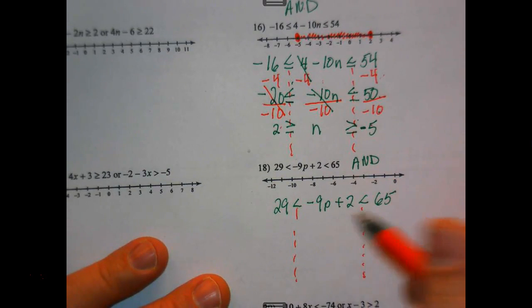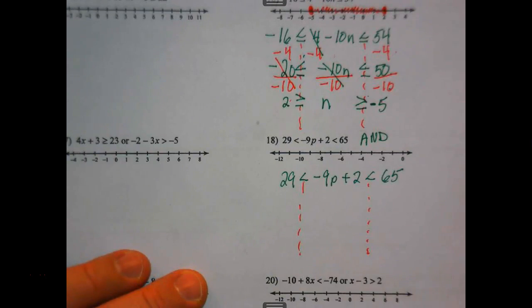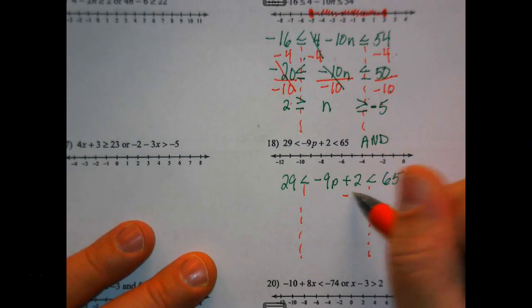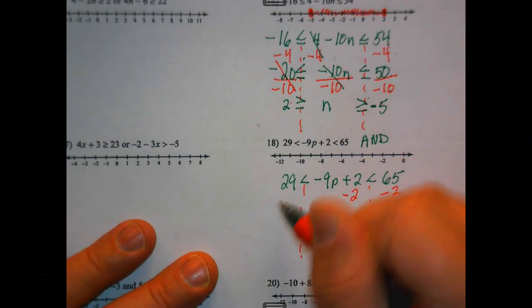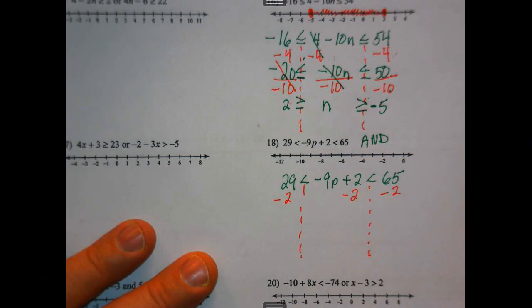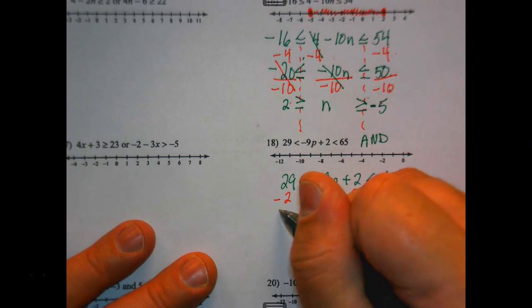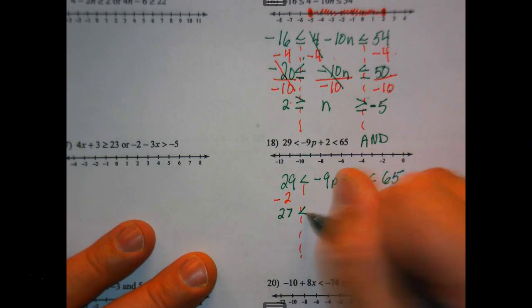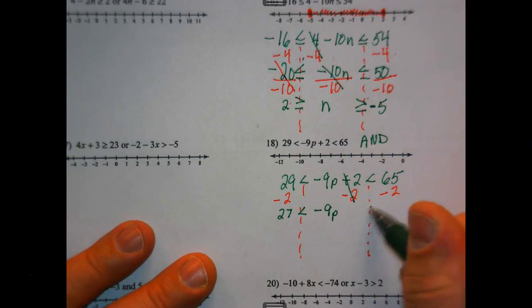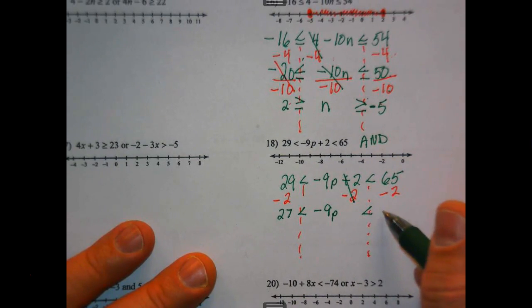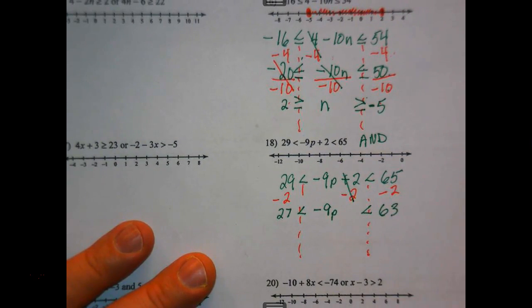I'm going to subtract 2 from both inequalities. 29 minus 2, 27. Negative 9p. And 65 minus 2, 63.